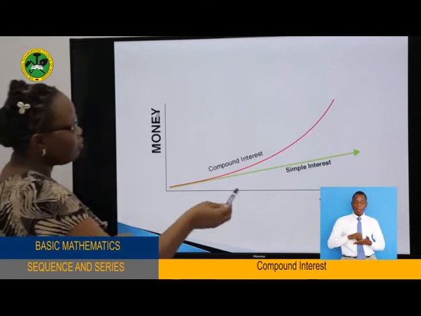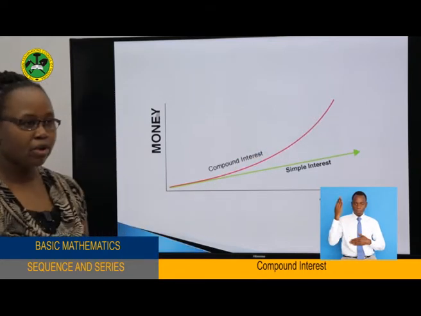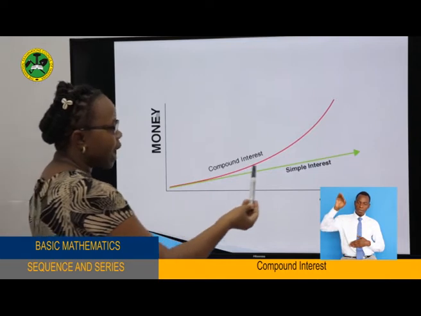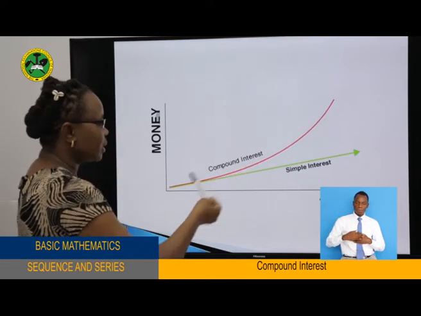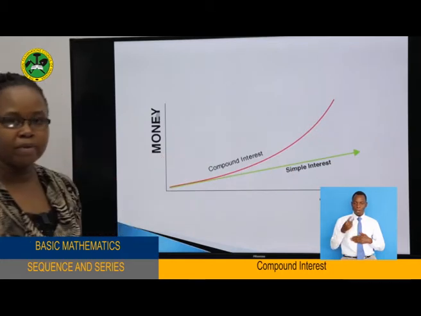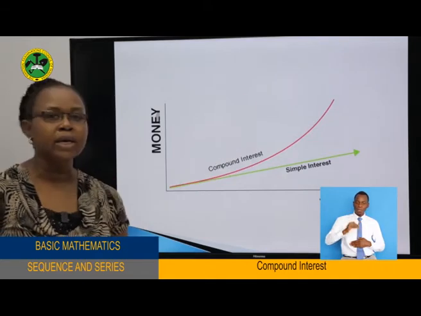In this graph, we see the compound interest graph goes upward, from this part here, which means the graph is increasing. Then why does this graph of compound interest increase upward?